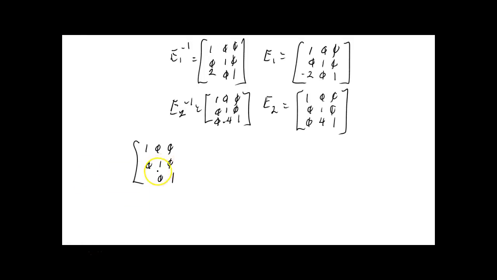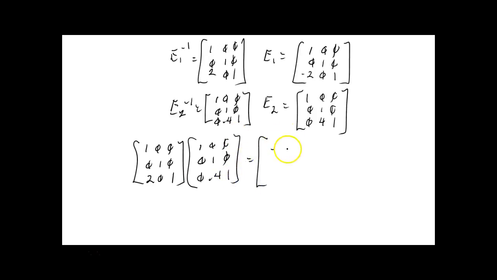All right, good. 2, 0, 1 times 1, 0, 0, 0, 1, 0, 0, negative 4, 1. Multiply those two together, and what size do you get? 3 by 3. Pretty sure you get 1, 0, 0, 0, 1, 0, and 2, negative 4, 1.